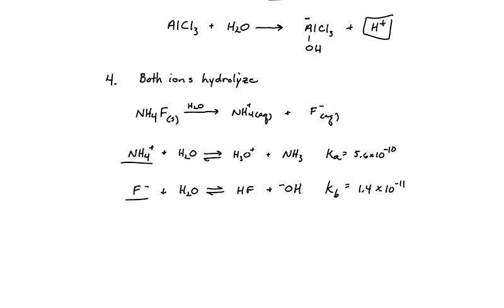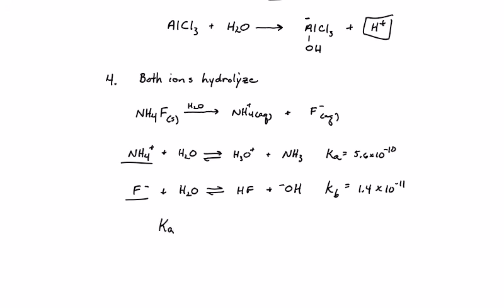Now it doesn't look like this, but the ammonium is actually a stronger acid than fluoride is a base. In other words, if I have this kind of balance going here between acidic and basic, ammonium is going to win this. So overall, the solution is going to be acidic.